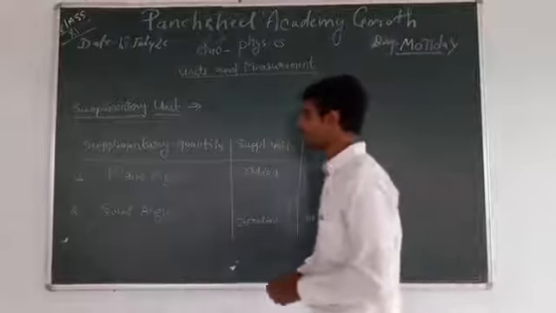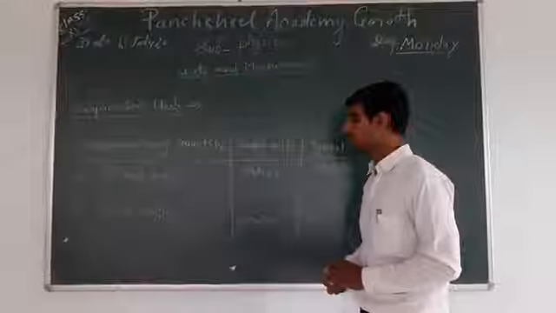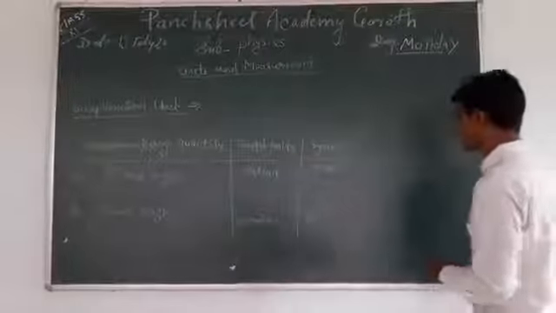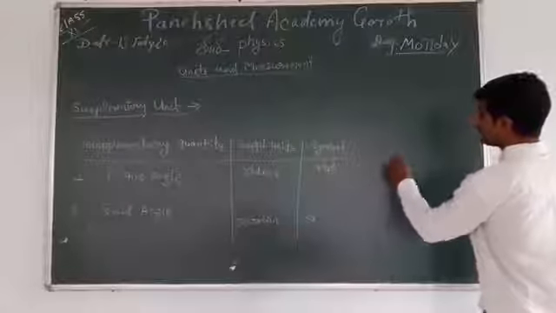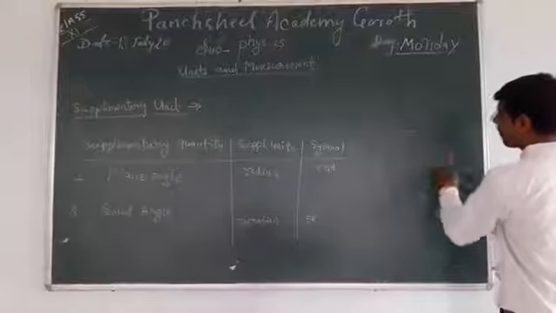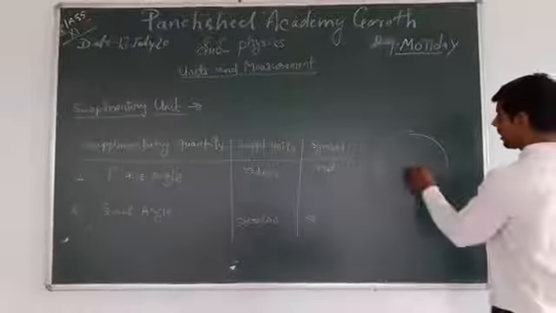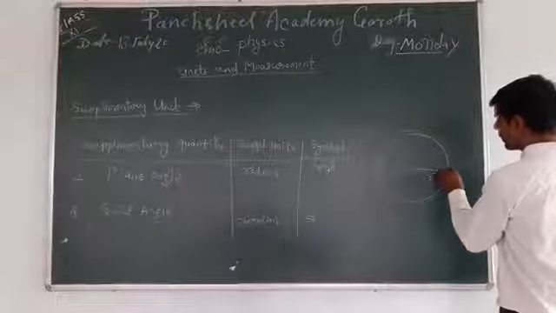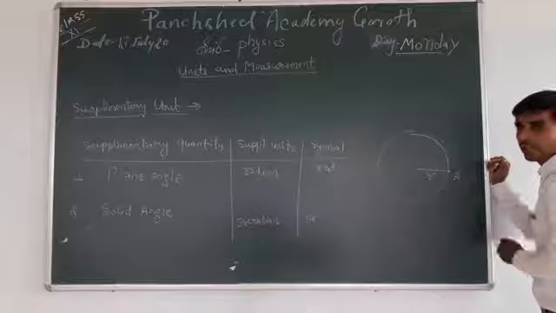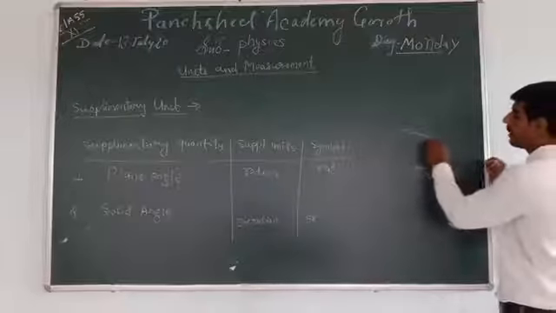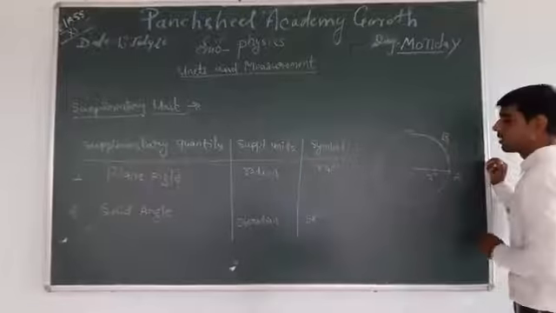First of all, you have to understand what is plane angle. Suppose in any circular path, this is the center and this is the radius. Suppose one object is here, and after some time it covers a displacement to that point.